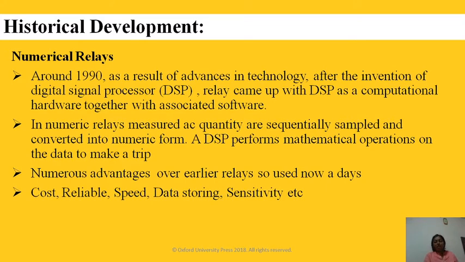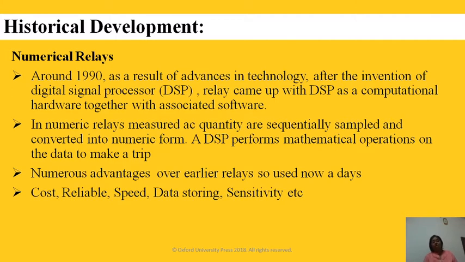In numerical relays, major AC quantities are sequentially sampled and converted into numeric form. A DSP performs mathematical operations on the data to make a trip decision. This relay has numerous advantages over all earlier relays: cost, reliability, and speed, as I told, from 10 milliseconds to 30 milliseconds.